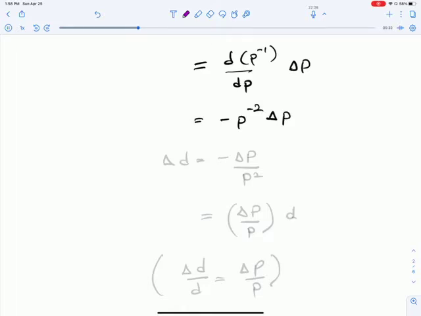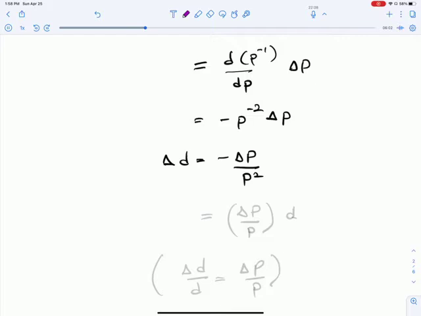Again, if you struggle with understanding how I've computed the derivative of p to the minus 1 here, then you're going to struggle with this whole process. Okay, so in the end, we've got delta d is equal to minus delta p over p squared.